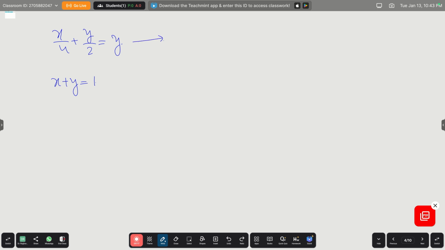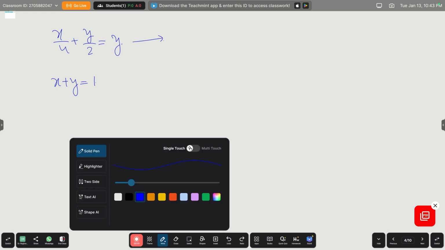I'll get one variable in terms of the other from the first equation and use it in the second equation. Let me try.